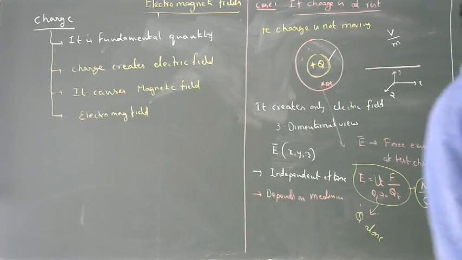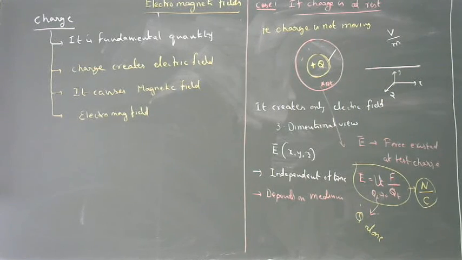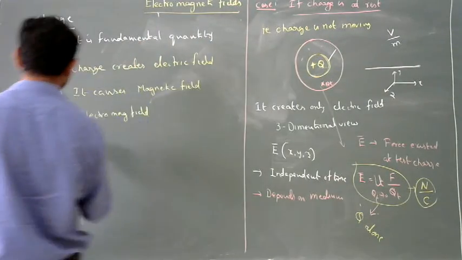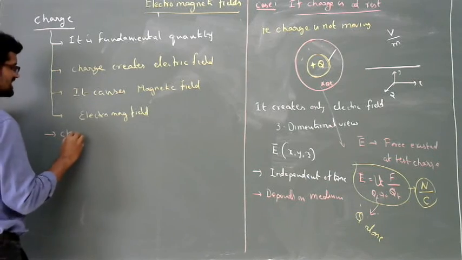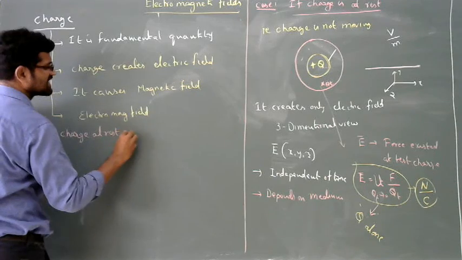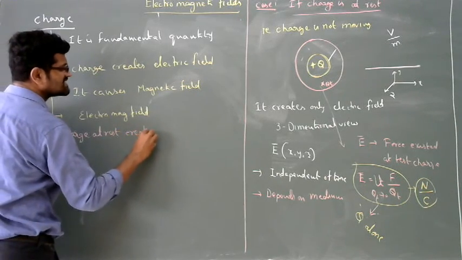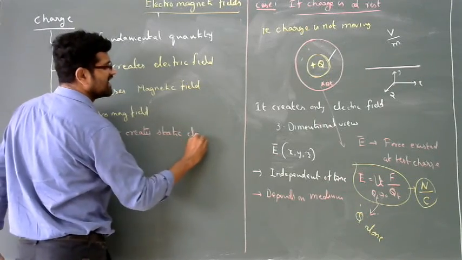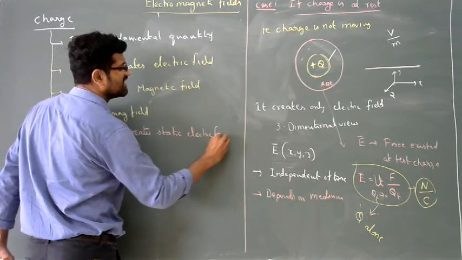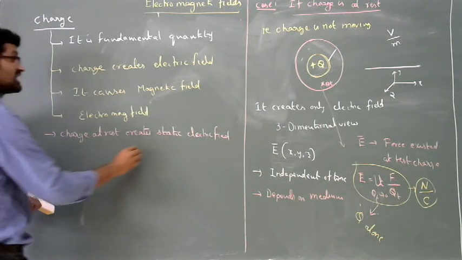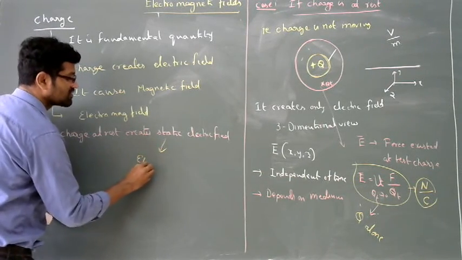It is a vector quantity. Here the existing electric field is due to charge at rest, which is a static electric field. The study of these static electric fields is called electrostatics.